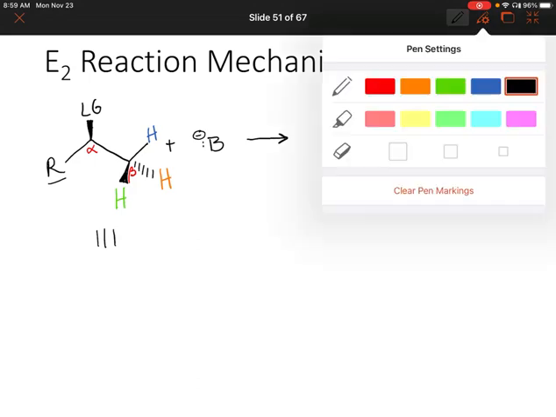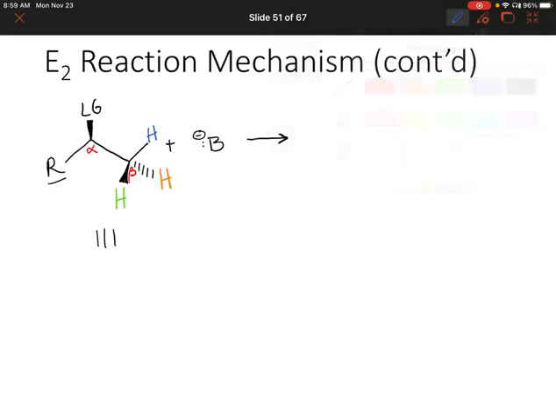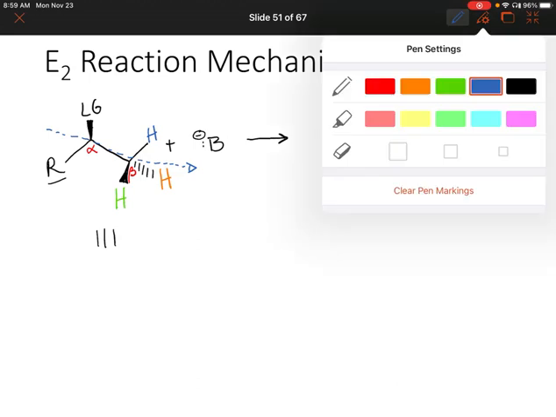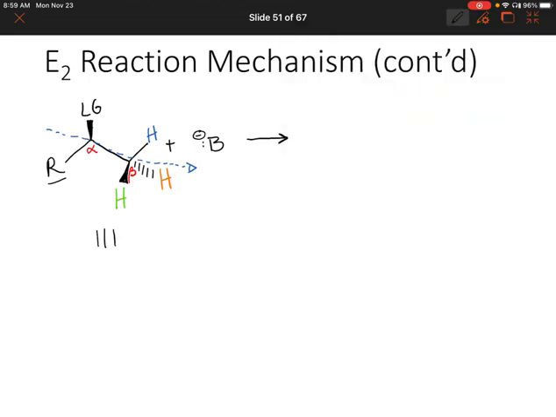So let's look down this bond here. I didn't draw that very straight, but you get the idea. We're going to put the beta carbon in front of our Newman projection and the alpha carbon in the back.